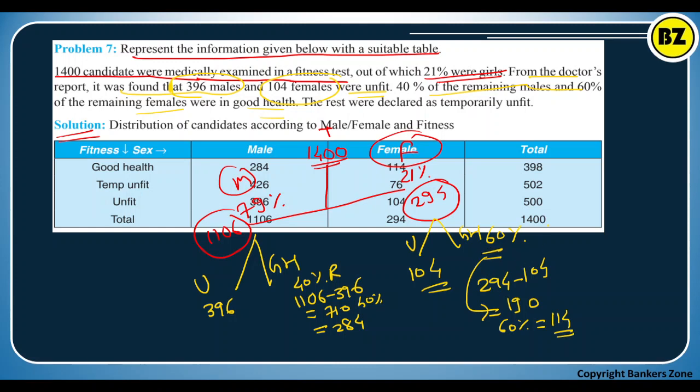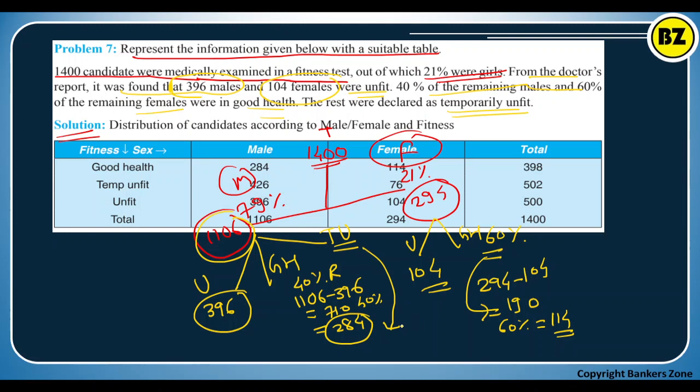Now what next they are stating: the rest were declared temporarily unfit. So the third criterion will be temporarily unfit, which is very easy to calculate. This figure you got, this figure you got, and the total you also have, so subtract those two figures from the total.